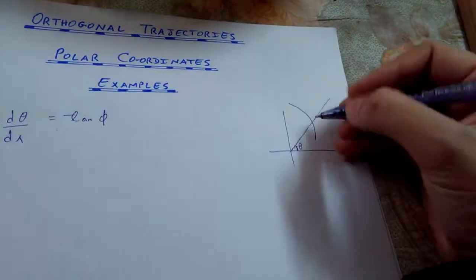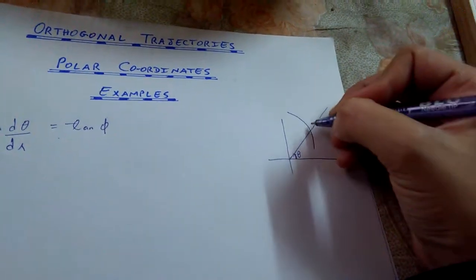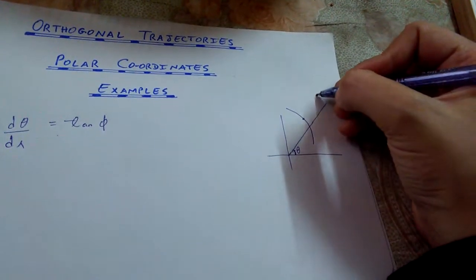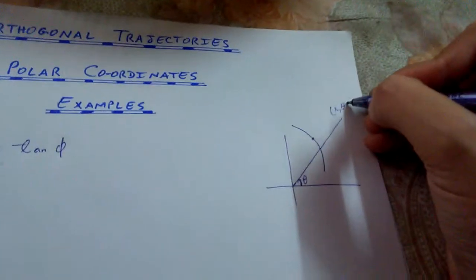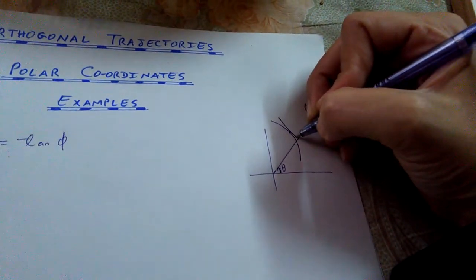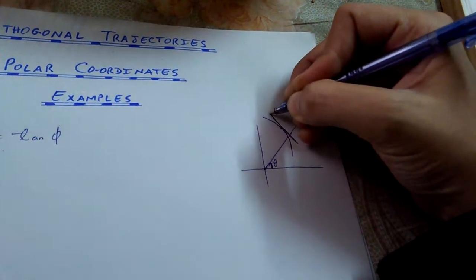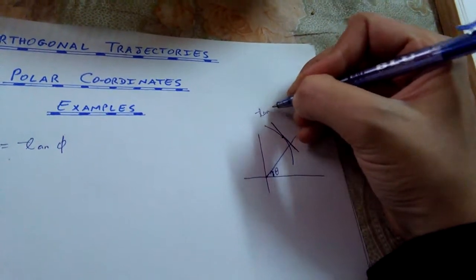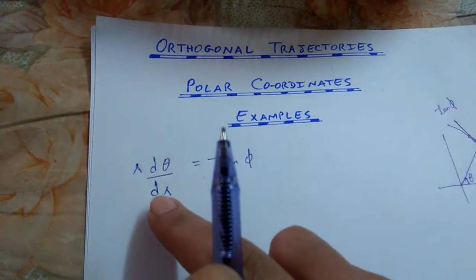At a certain point, represented by the coordinates r theta, I draw a tangent. The slope of this tangent I call tan phi, and it was derived to have this value.